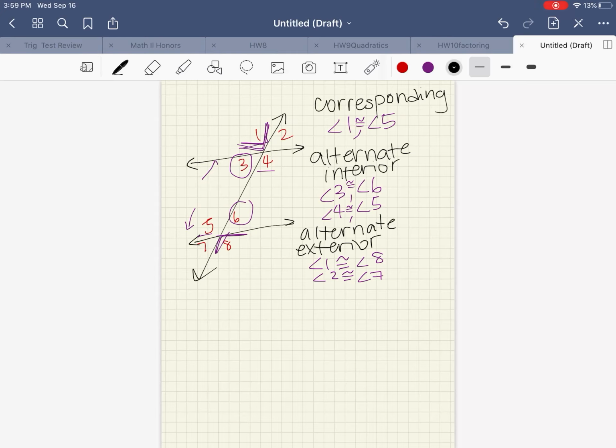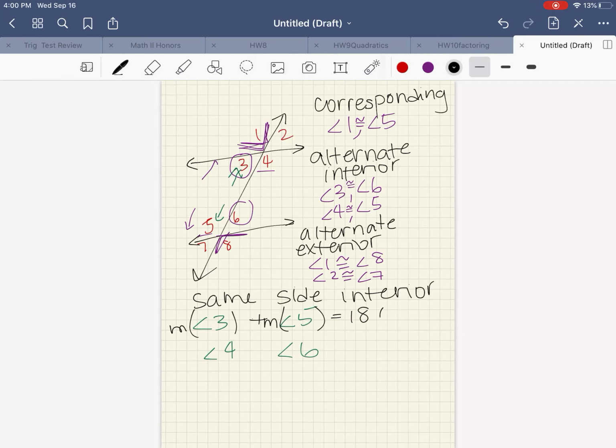Okay. You would also have something called same side interior and same side exterior. So that would be like 3 and 5 are on the same side, and 4 and 6 are on the same side. These are not congruent to each other. They are supplementary to each other. So when we add them together, the measure of angle 3 plus the measure of angle 5 equals 180.